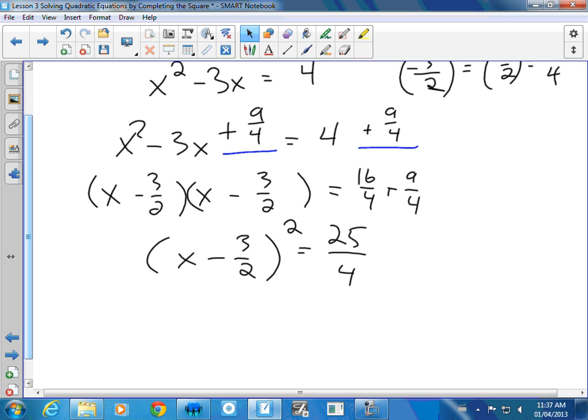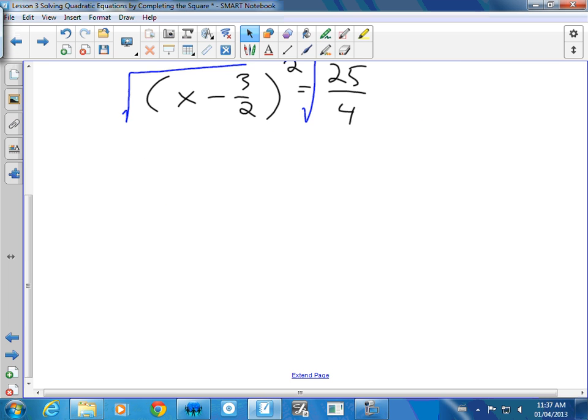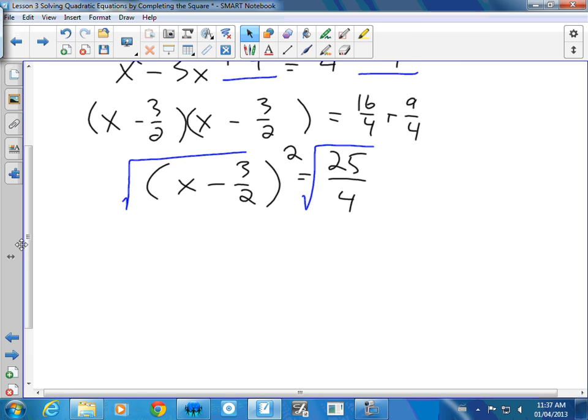Now, what did we do at the next step? How did we solve for x? We took the square root. Did we take the square root of both sides? Is that what we did? You do the same thing here. Square root of this side and square root of this side. Now, what is the square root of x minus 3 over 2 squared? X minus 3 over 2.